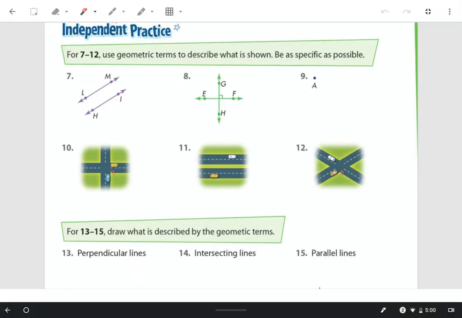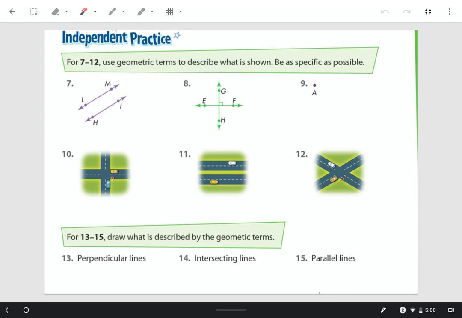So it says, use geometric terms to describe what is shown. Be as specific as possible. And I'm also going to add the direction, label the geometric term. So we're going to label as well, okay?